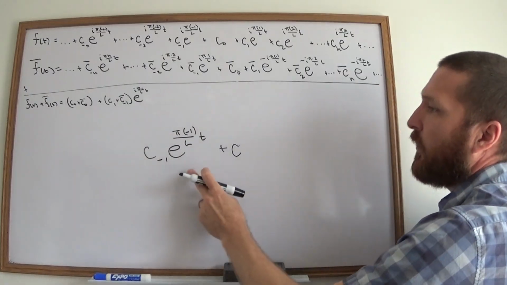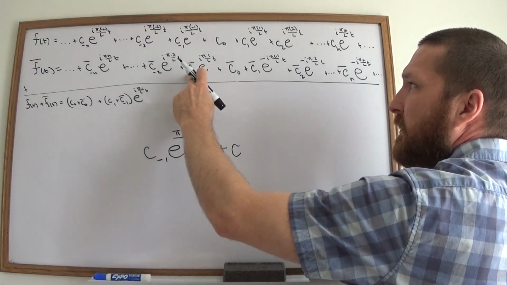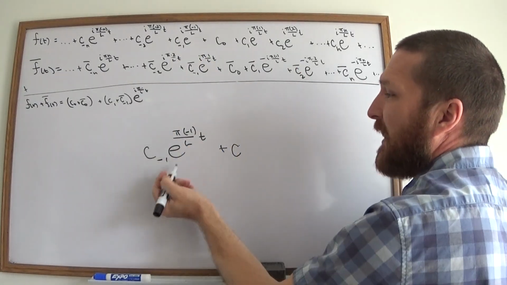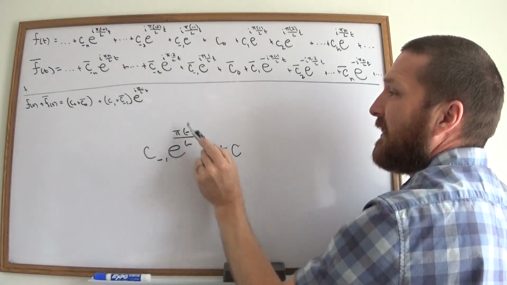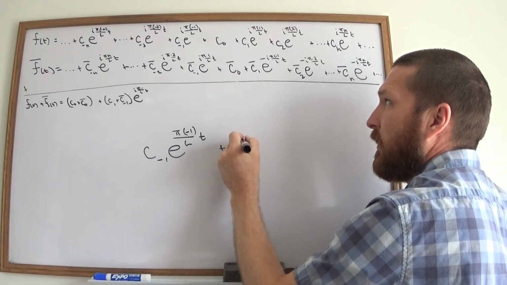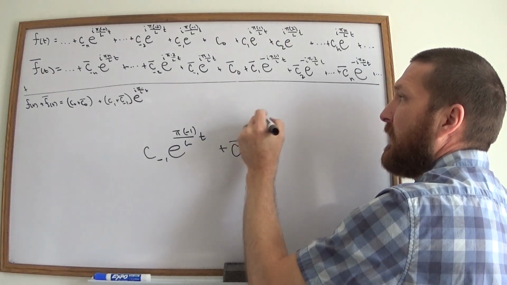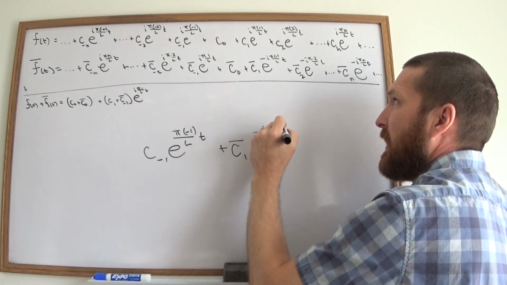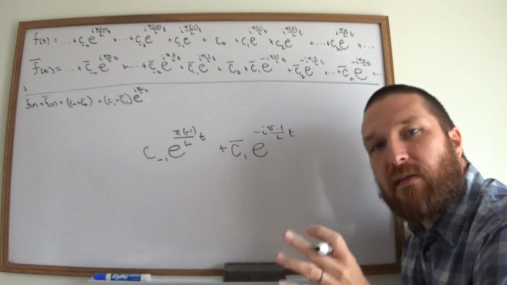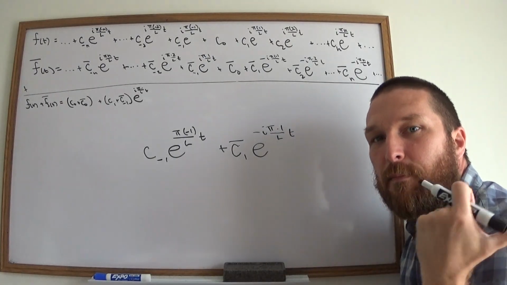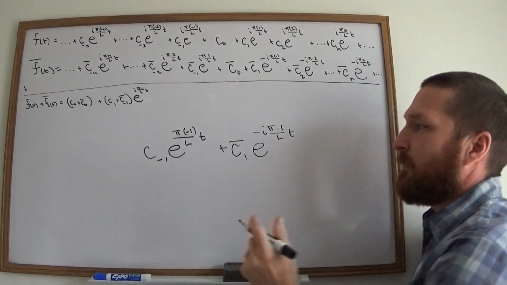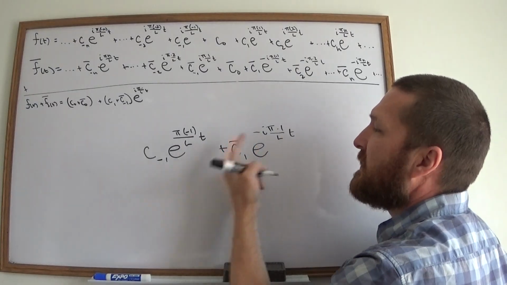Okay, so I grabbed this one here with the negative 1. The other one that had a negative 1 up here was C positive 1 bar e to the negative I pi times 1 over LT. You see why I didn't bother doing this in class or writing all of this up on the exam? This is no laughing matter. But we notice that these are the same.